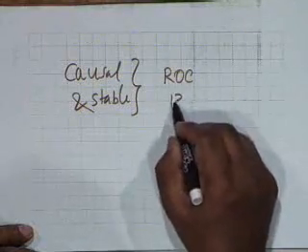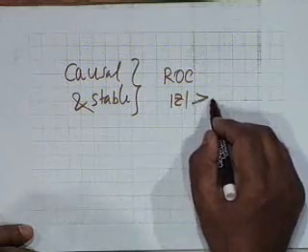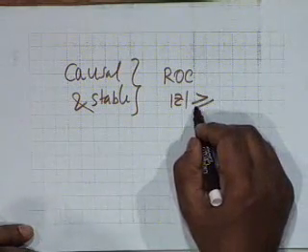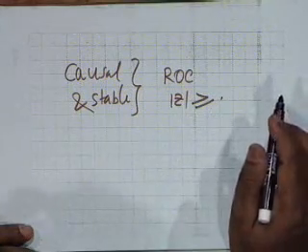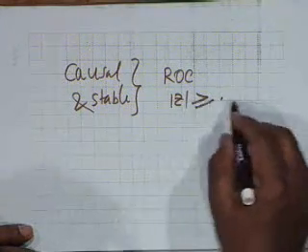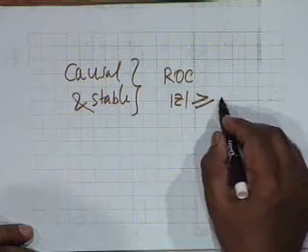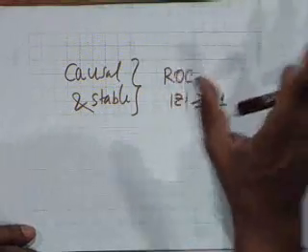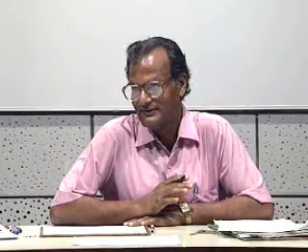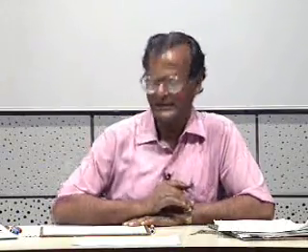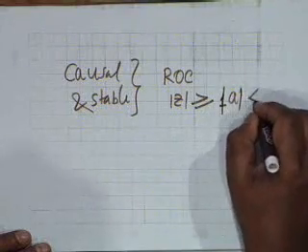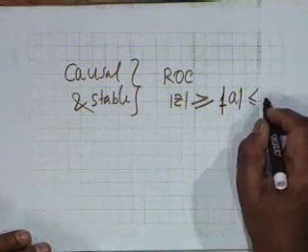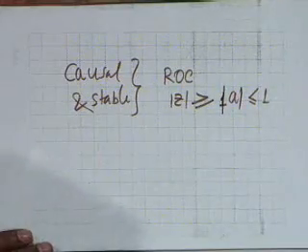ROC is mod Z greater than mod A, where A is less than 1. So it is mod Z greater than or equal to 1. This is definite. It could be less than 1, so we can say something like mod Z greater than mod A where mod A is less than or equal to 1. Satisfied?